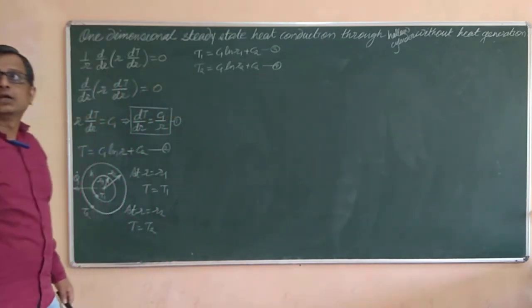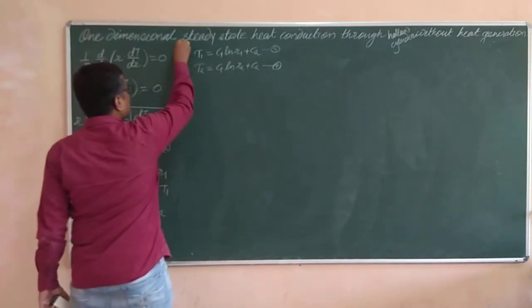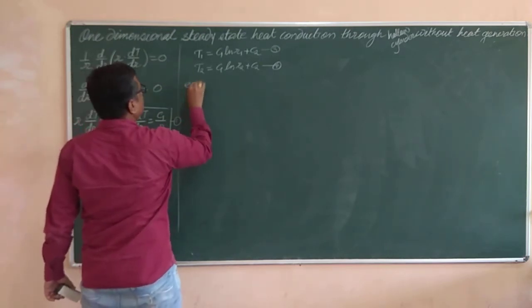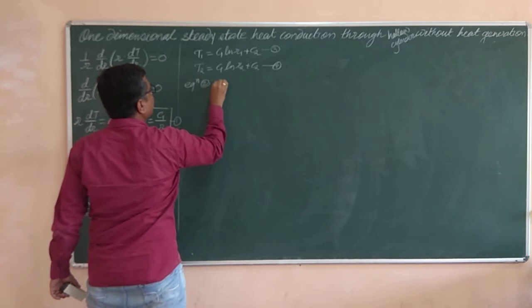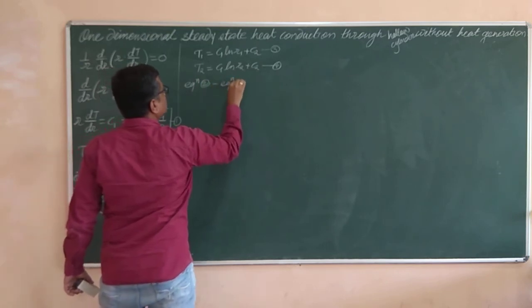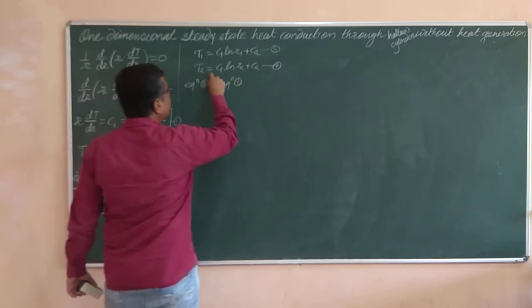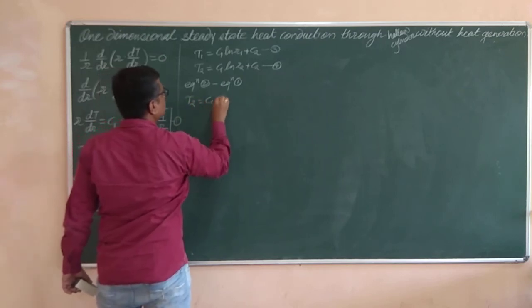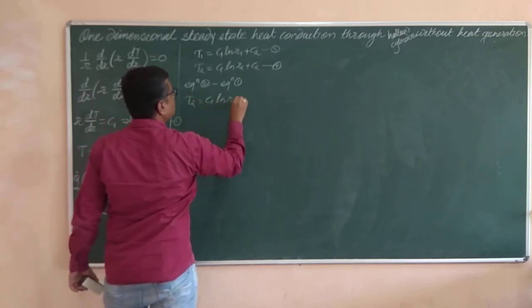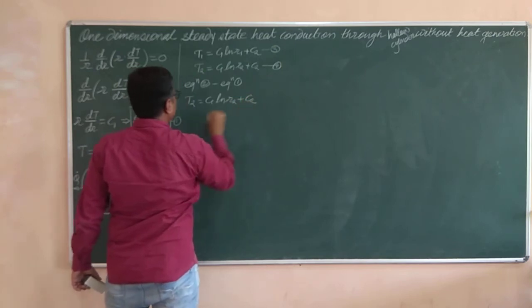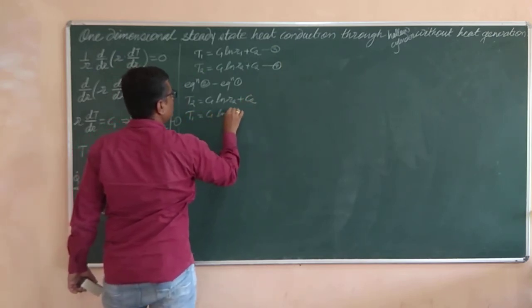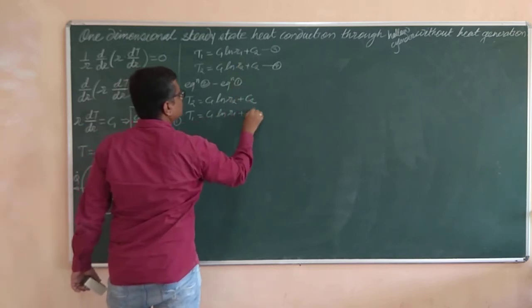Now I am going to perform one operation: equation number 4 minus equation number 3. T2 equals C1 natural log of r2 plus C2, and T1 equals C1 natural log of r1 plus C2.